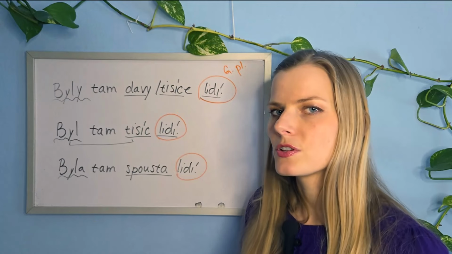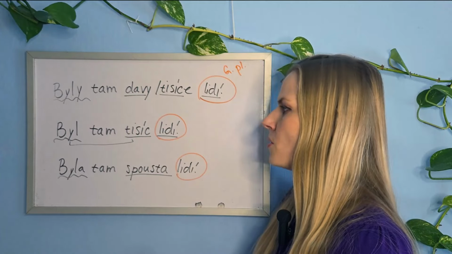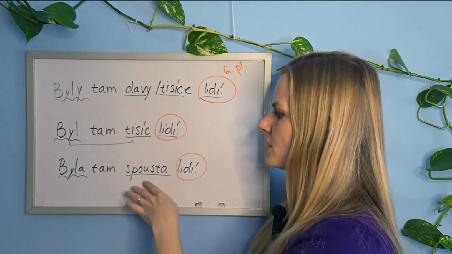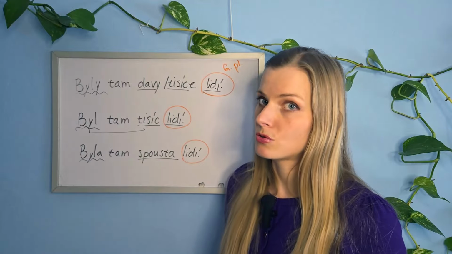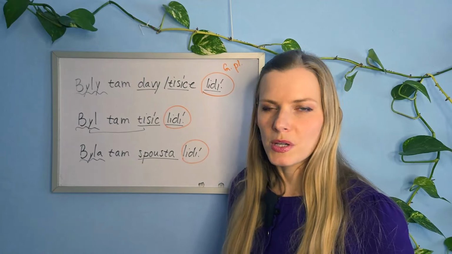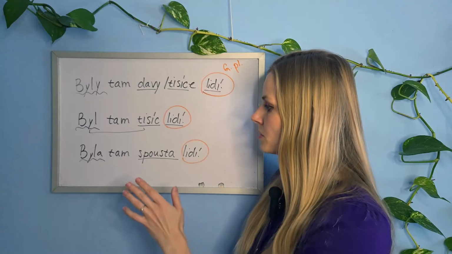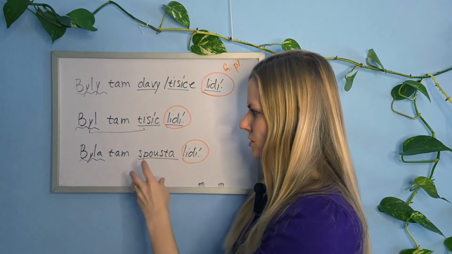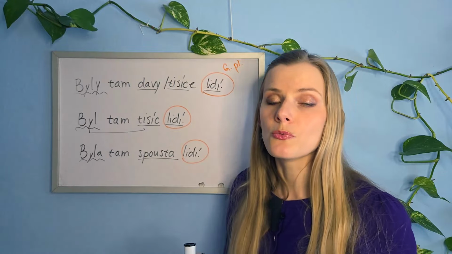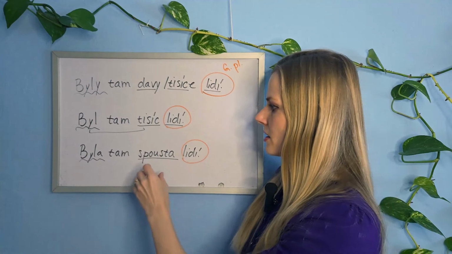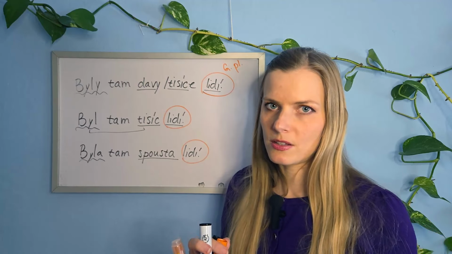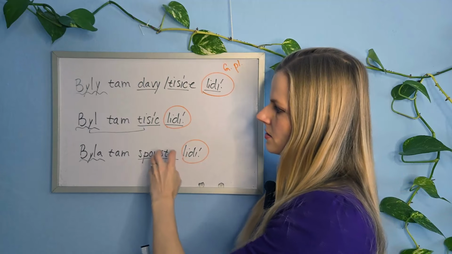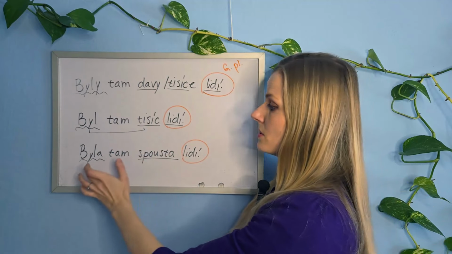The point of this video is not to remember all these words and what are their genders, spousta feminine and tisíc masculine, although it's good to know. But if you are a beginner and you don't want to be overwhelmed remembering these words and their genders, I want you to get used to the idea that you have to find what is the subject of the sentence, what it refers to, and then that the verb has to be in agreement with it.